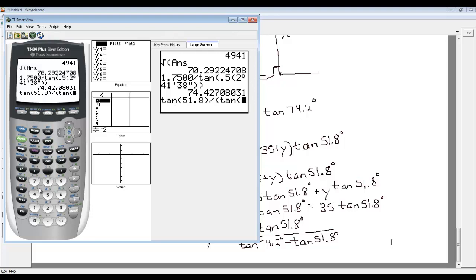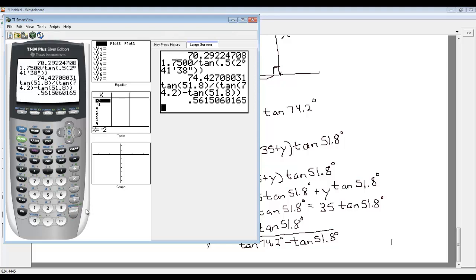Tan of 74.2 degrees minus tan of 51.8. Then close parentheses, closing the denominator, and hit enter.